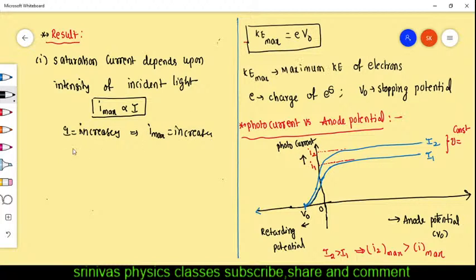And when the intensity decreases, the saturation current also decreases. The next one is the second point we can write from the figure.